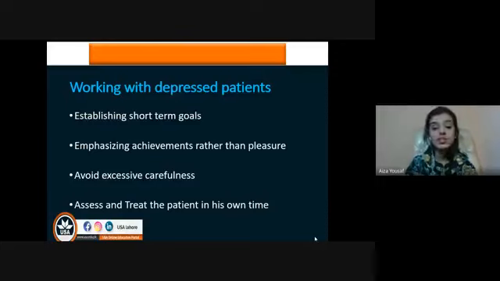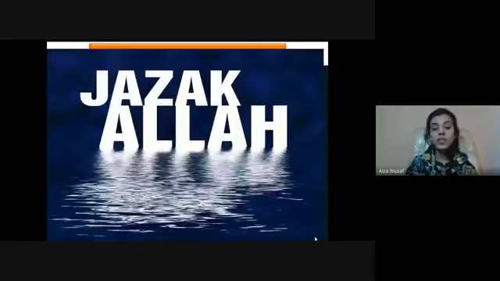They should avoid excessive carefulness, as if they are more careful and there is little negligence, they will get depressed as soon as possible. And we should assess and treat the patient in his own time, so that the patient may feel relaxed.